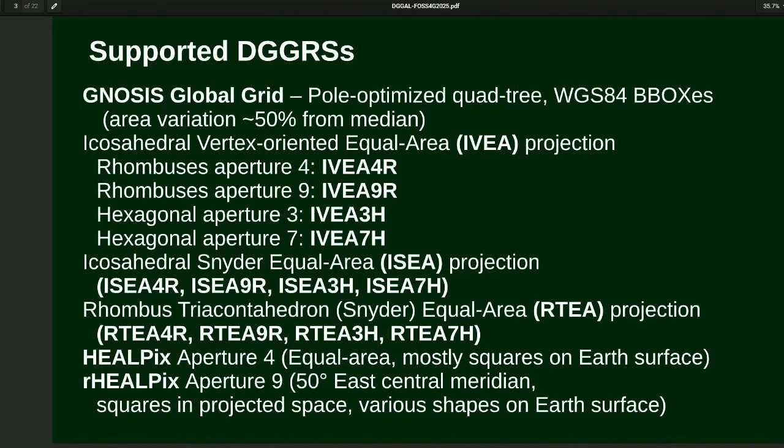Things are a lot more complicated with hexagons. For the hexagonal and the rhombic grids we support, by the way, all the other grids below are fully equal area on the surface of the ellipsoid, with the exception of the 12 pentagons in the case of the hexagonal ones. The next projection is the icosahedral vertex-oriented equal area, which is the equivalent of the dodecahedron Snyder equal area that Felix talked about yesterday for A5.